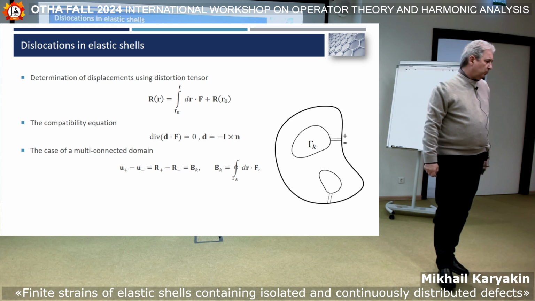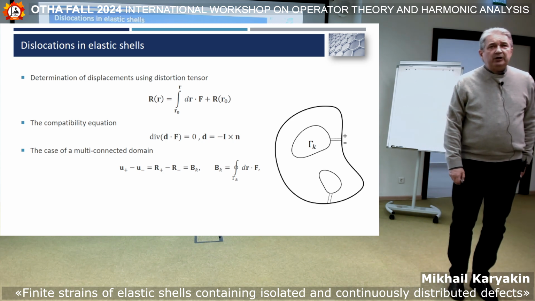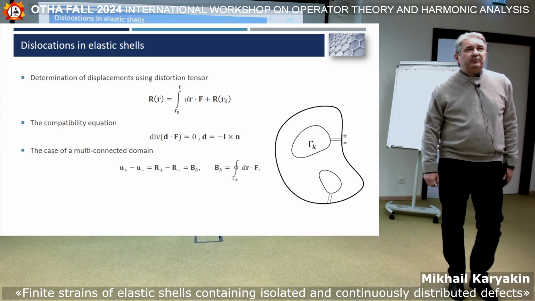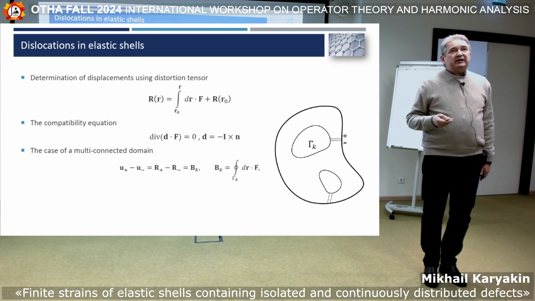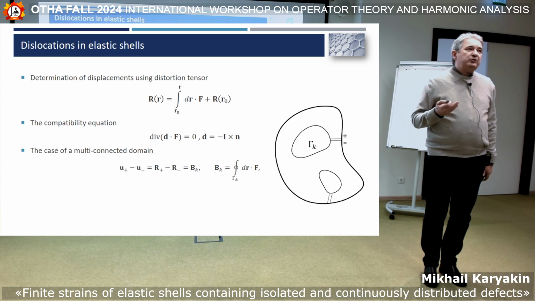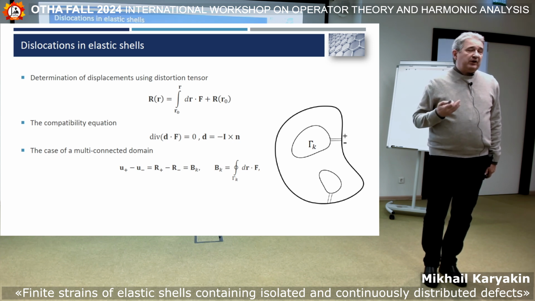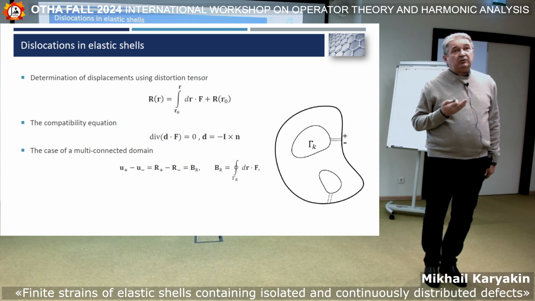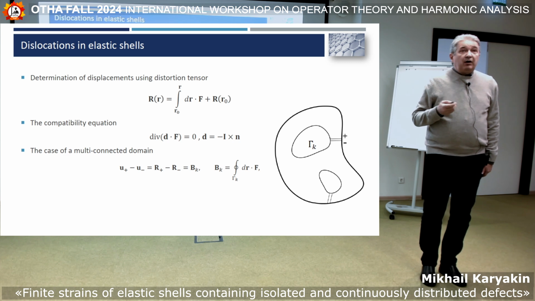So now we want to introduce defects in this theory, and the idea to introduce a defect is more or less traditional. The scheme is the following. We assume that we know the distribution of the distortion tensor F inside the shell. Then the question is, what is the displacement? What is the radius vector of a point if I know the strain state of our shell?